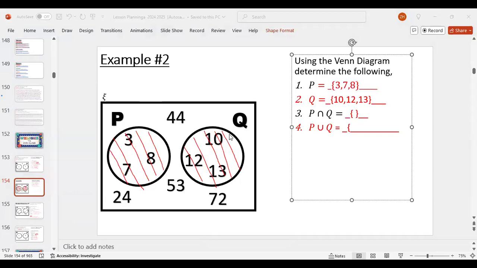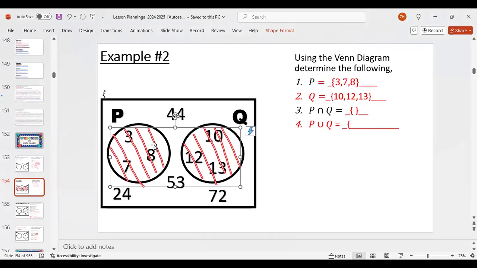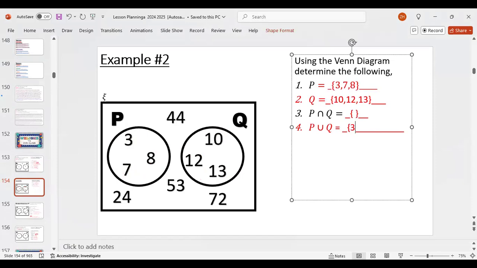All right, Kamani, tell me: 3, 7, 8, 10, 12, and 13. That is the union. So everything inside of P and Q combined.